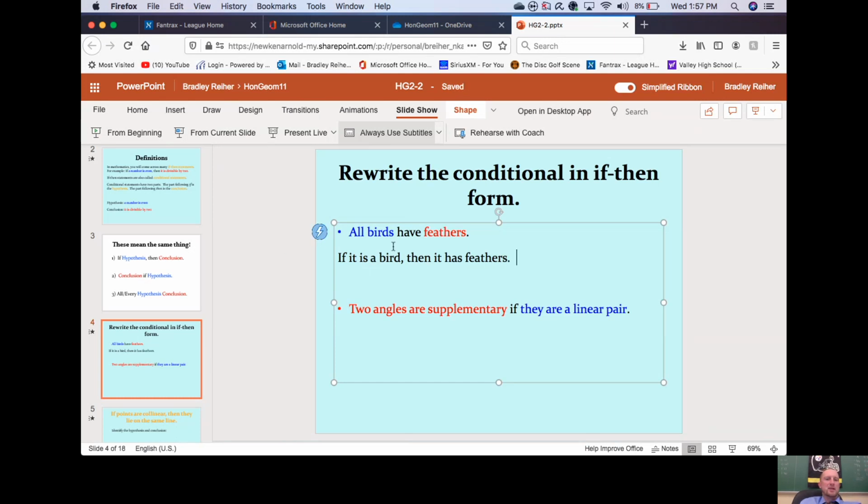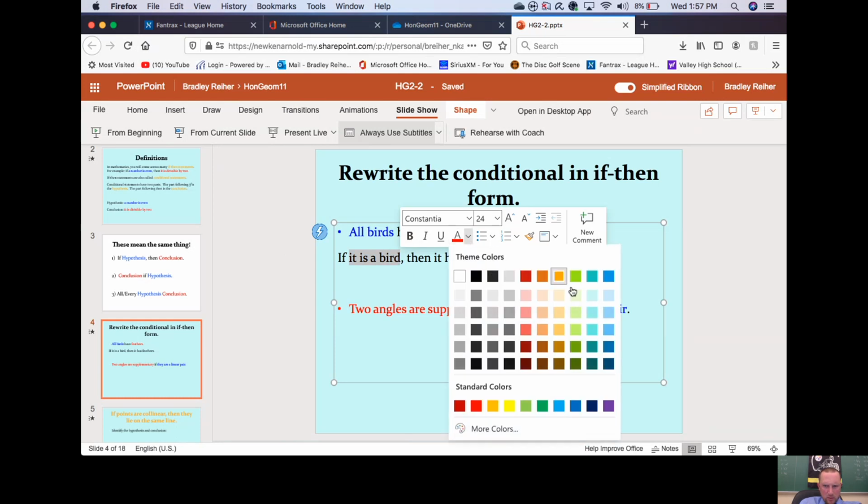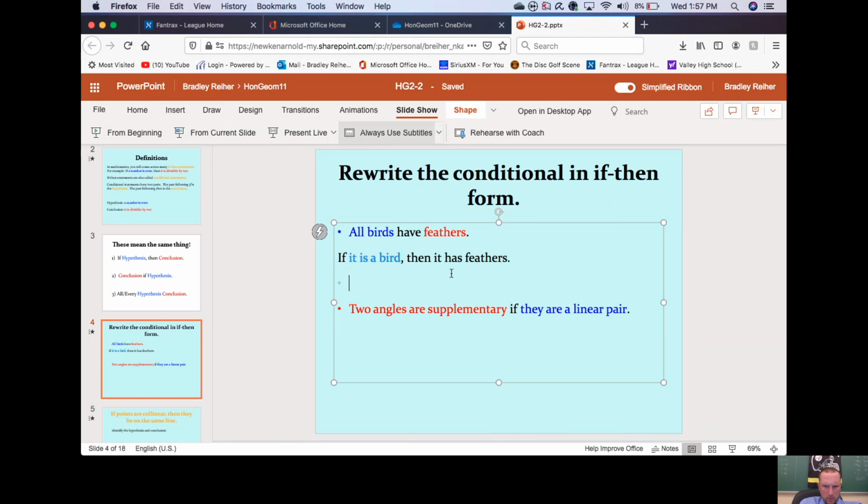Here's an acceptable example. If it is a bird, then it has feathers. It didn't have the word if or then in it. We changed it so it did.